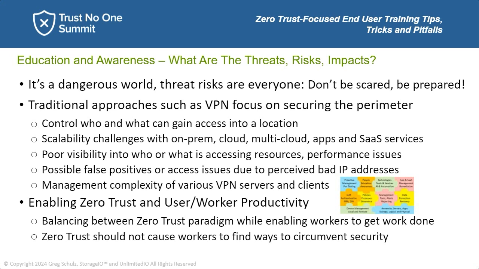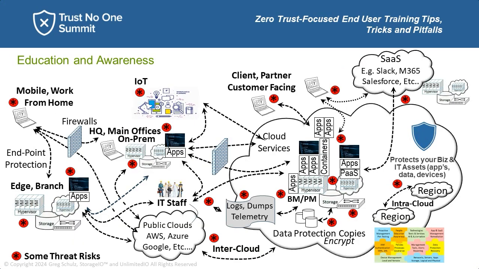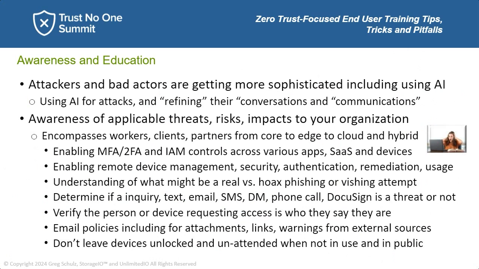All right. We touched on this one a little bit, and we're just going to move right by this and talk a little bit more about the education awareness. Okay, so attackers and bad actors are getting more sophisticated. As I mentioned a bit ago, they're using AI for the attacks, for refining their conversations and communications.